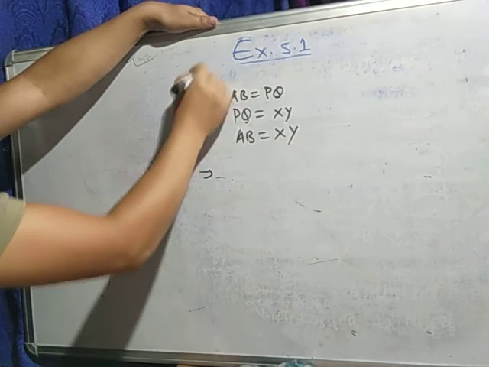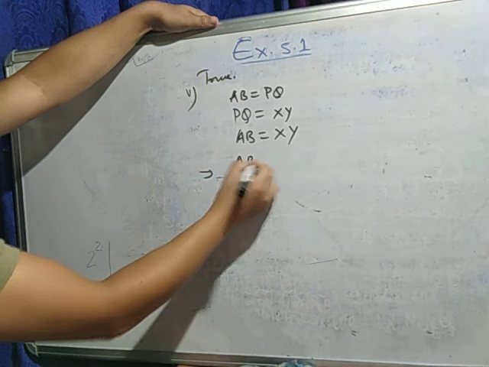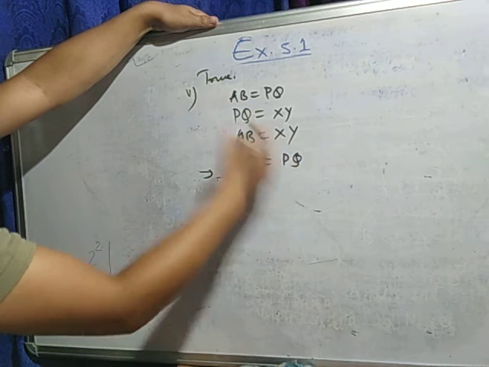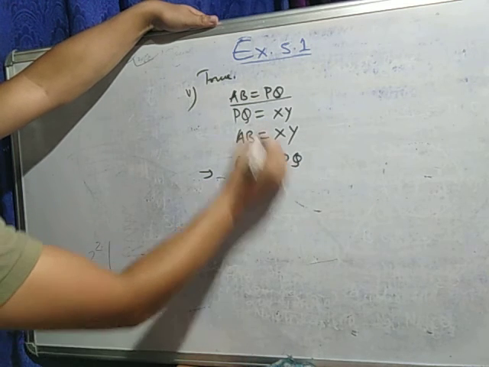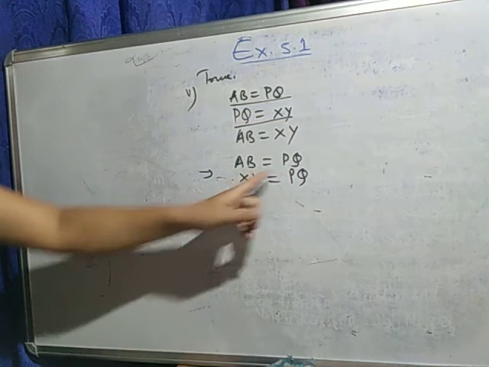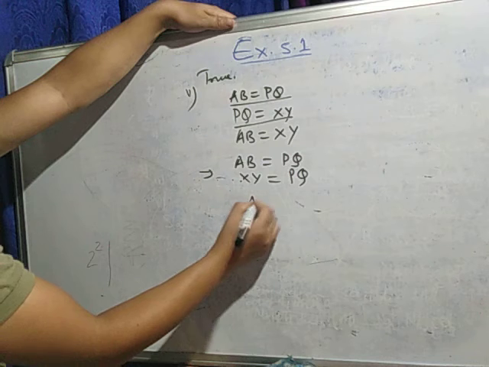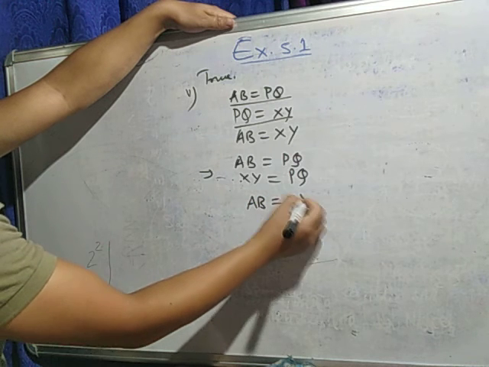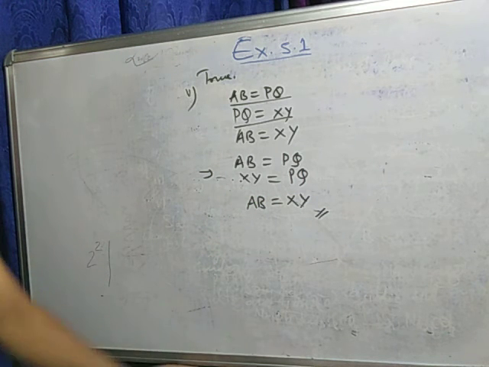This is true, write down true. AB equals PQ, XY also equals PQ. So two quantities that are equal to the same quantity are equal to each other. So AB equals XY. Clear? So this is your question number 1.